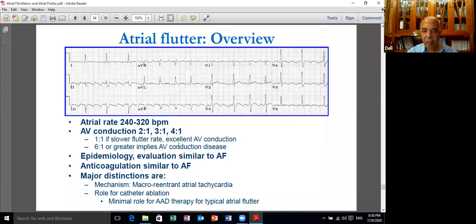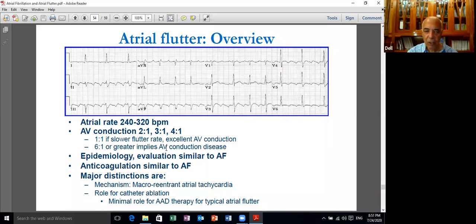Every time you see a ventricular rate that is a fraction of 300, like 150, and less importantly 75, think of atrial flutter. If the conduction is way below that, 6 to 1, think of binodal disease. You have a problem with the sinus node, and therefore there is atrial flutter, and you have a problem with the AV node, and this has an impact on choosing the line of therapy.